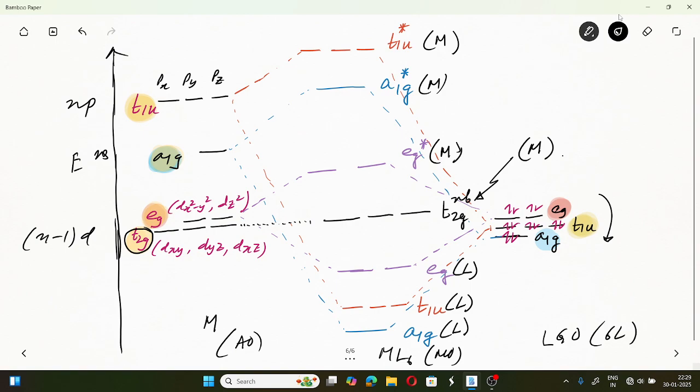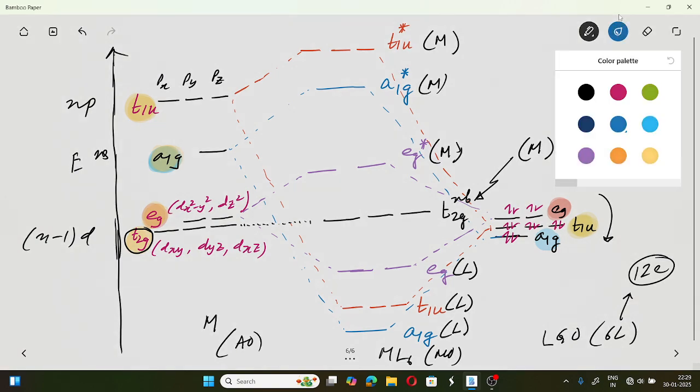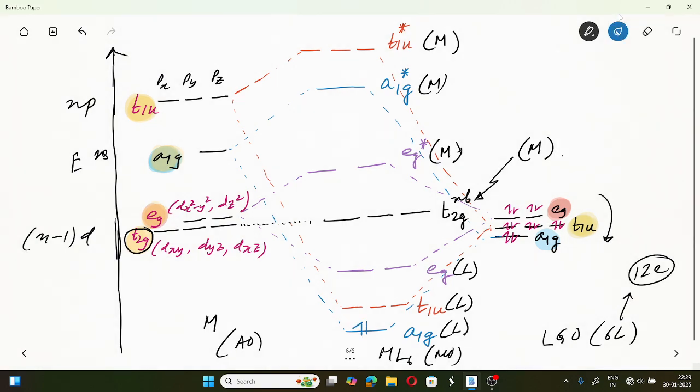Now if you start filling up the orbitals, there are 6 ligands which are donating 12 electrons. Now these 12 electrons will be accommodated like this. Look carefully, 1 2 3 4 5 6 7 8 9 10 11 12.